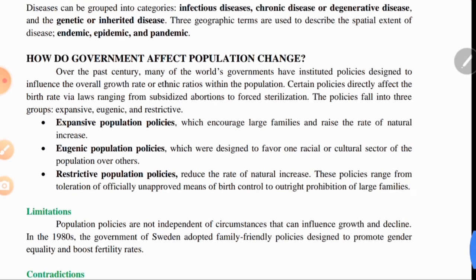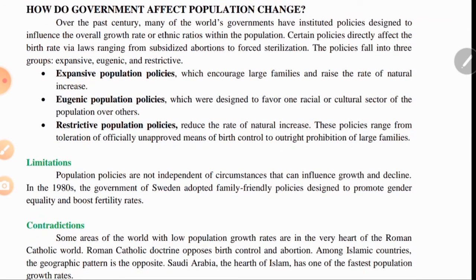In the expansive population policies, which encourage large families and raise the rate of natural increase. Then the eugenic population policies, which were designed to favor one racial or cultural sector of the population over others.